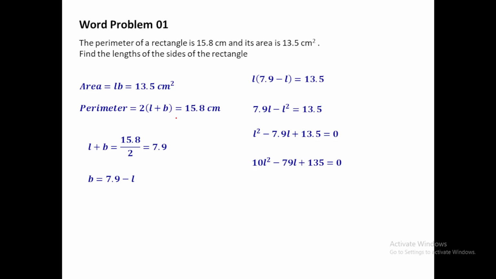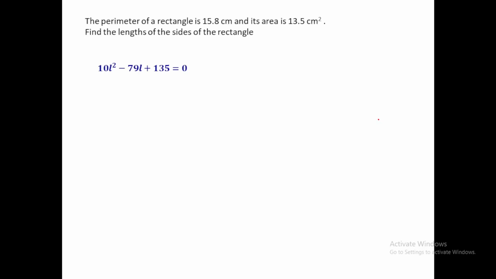Two numbers whose product is 10 times 135, which is 1350, and which add up to give minus 79. Let me find: the two numbers are 54 and 25.